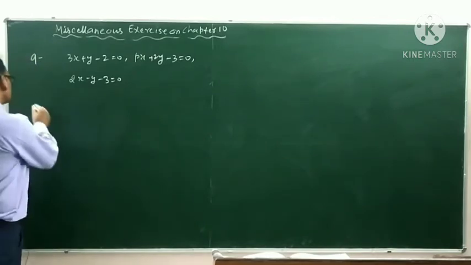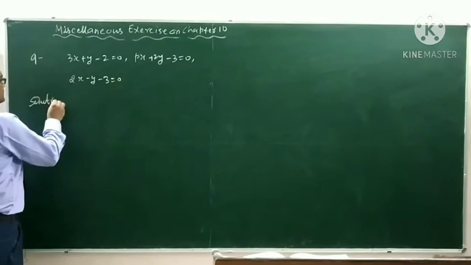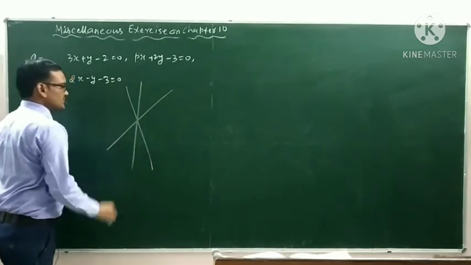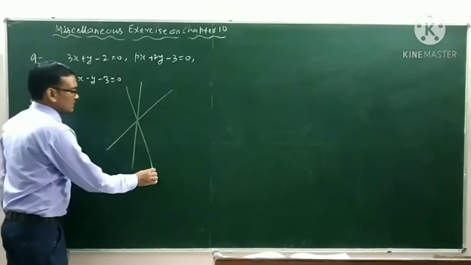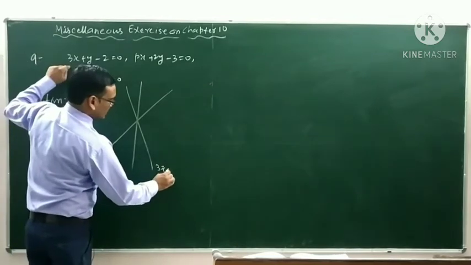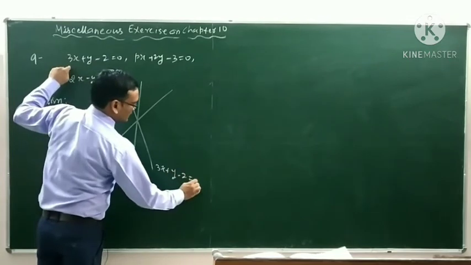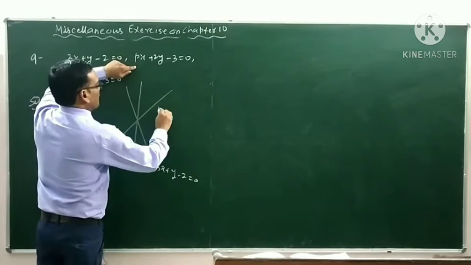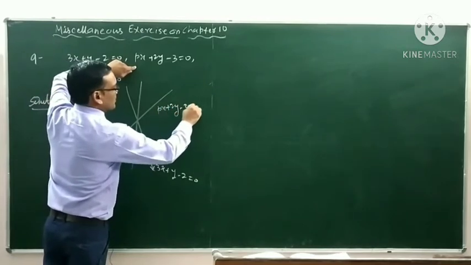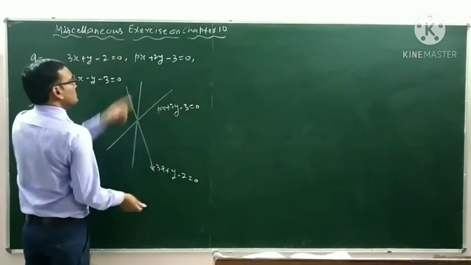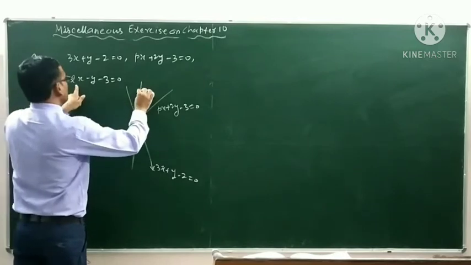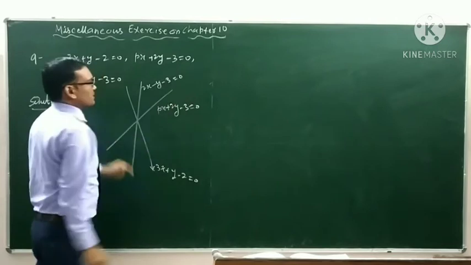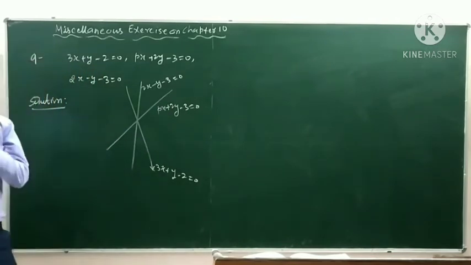That means the three lines 3x plus y minus 2 equal to 0, px plus 2y minus 3 equal to 0, and 2x minus y minus 3 equal to 0 intersect at one point.